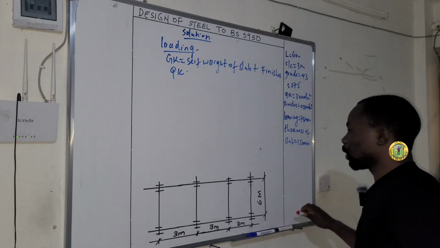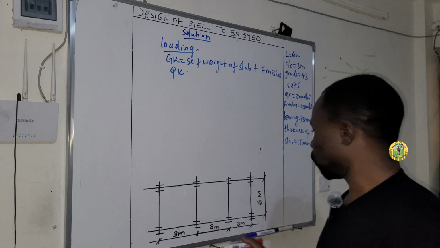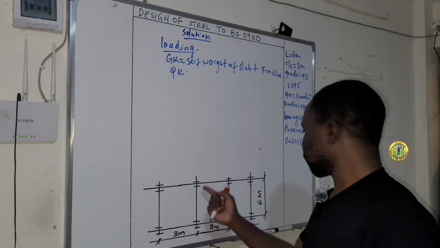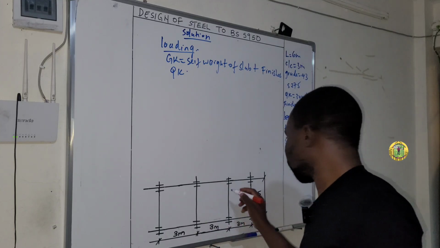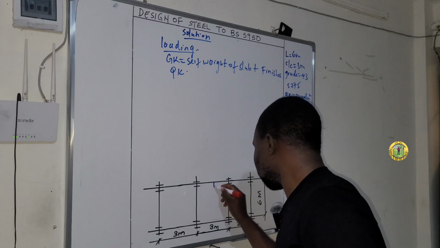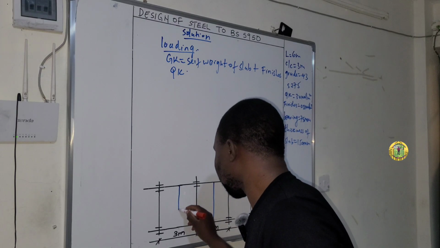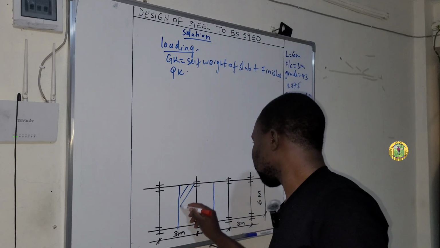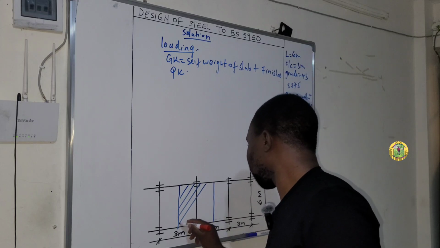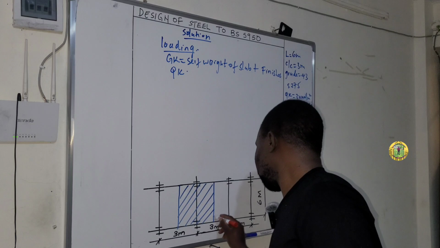I want to consider the middle beam on this slab. As you can see, you have this beam here. It is at the center. So this beam will support a half of this slab and also a half of this slab. So this is the area supported by this beam.